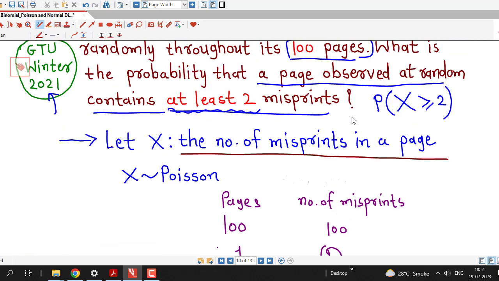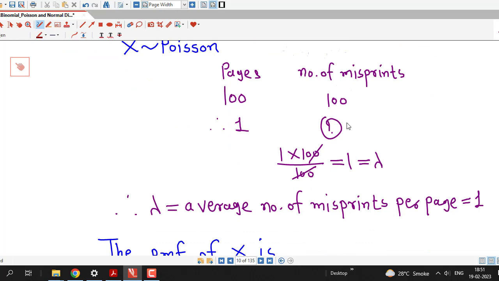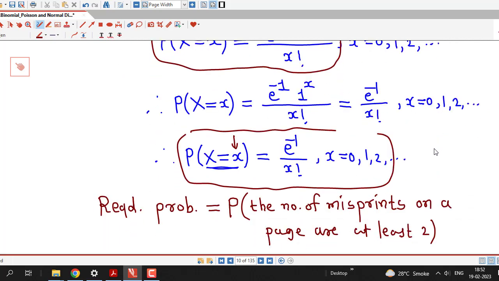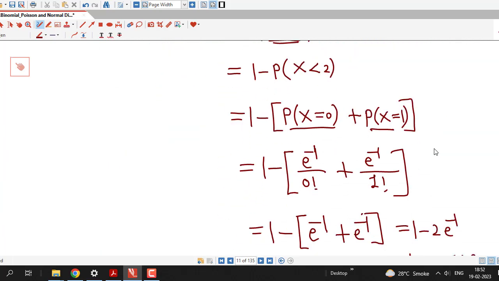We require the mean of the Poisson random variable, which we can find using the given information. It is given that there are 100 misprints in 100 pages, therefore the average number of misprints per page becomes 1, and we must remember the formula for the PMF of the Poisson distribution. Once we find the value of lambda, we can easily find the required probabilities.